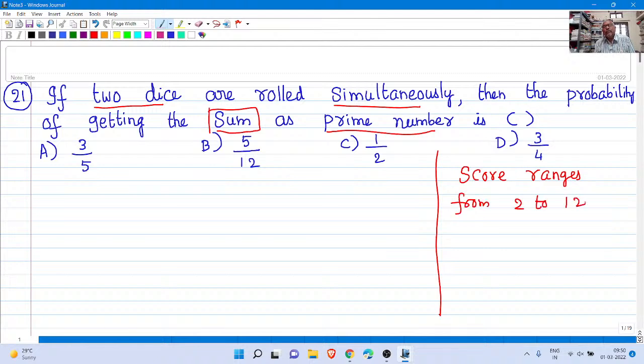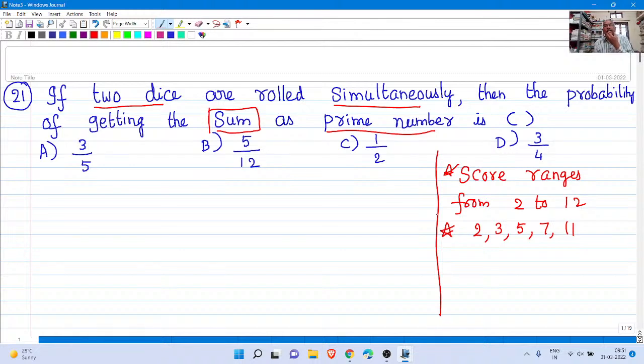Out of 2 to 12, what are the primes? Prime totals are 2, 3, 5, 7, 11. So that means getting sum 2, 3, 5, 7, or 11. That is called getting the sum as a prime number.